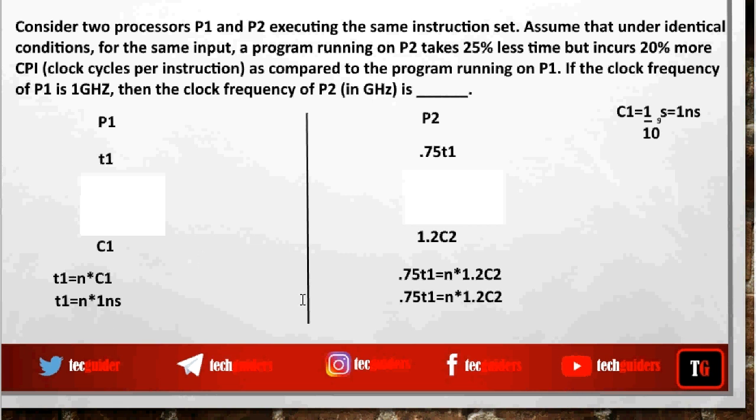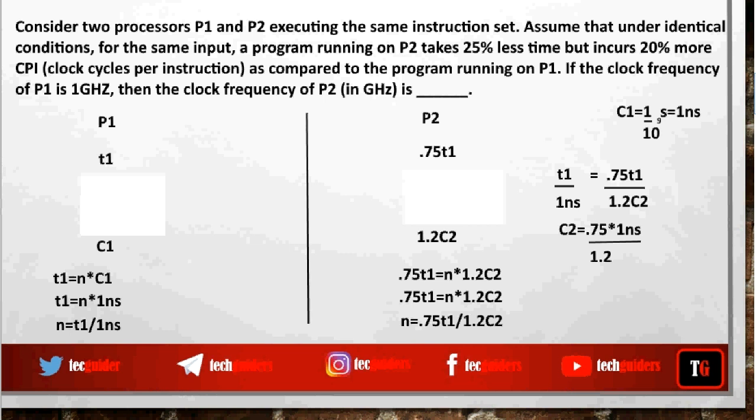The number of instructions is the same on both sides, hence we shall equate both of these. Here n equals T1 by 1 nanosecond, and here n equals 0.75 T1 by 1.2 C2. So T1 by 1 nanosecond is equal to 0.75 T1 by 1.2 into C2. So what is C2?